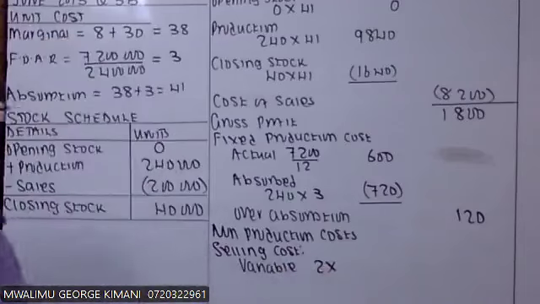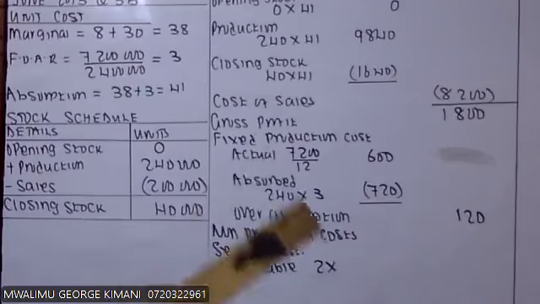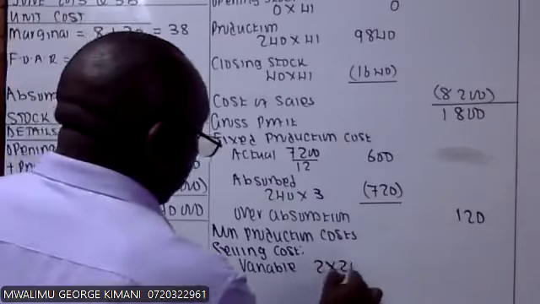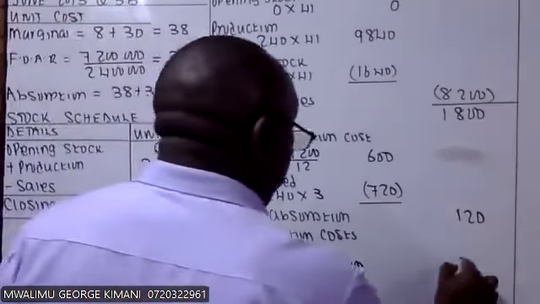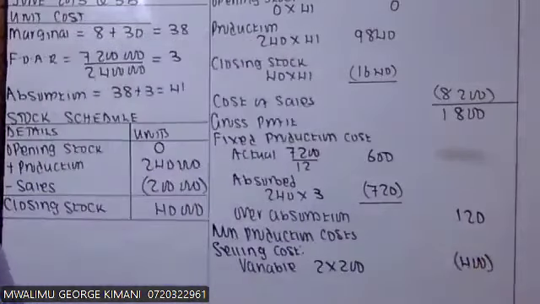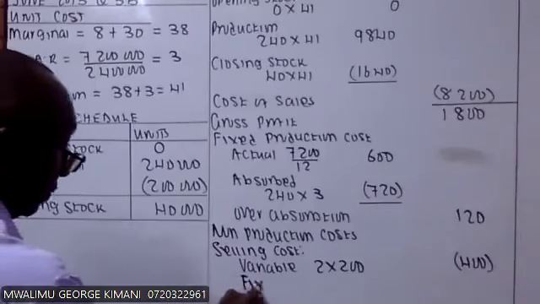When you are given per unit, it should always be multiplied by the number of units sold. So multiplied by 200, that gives you 400.